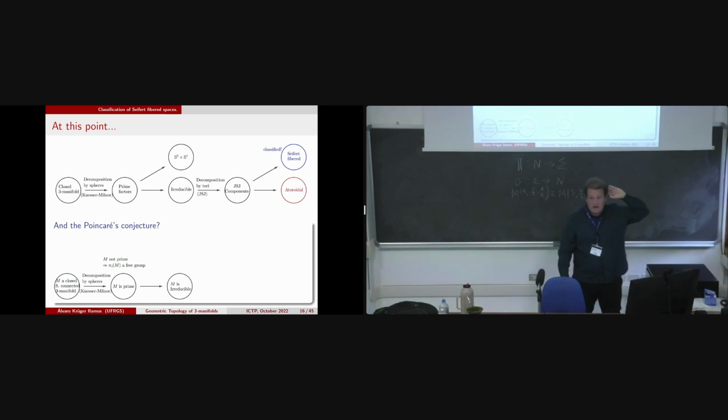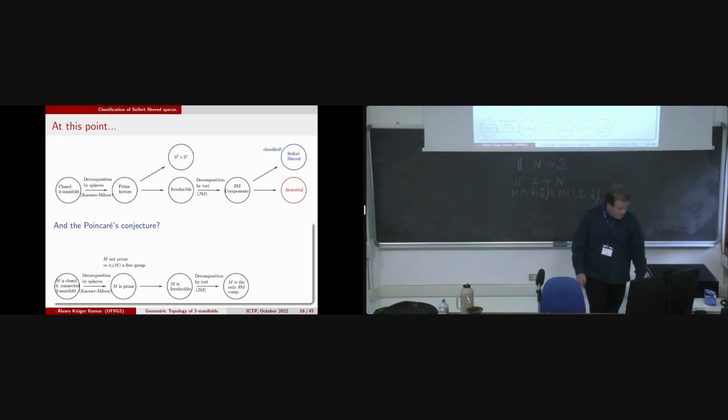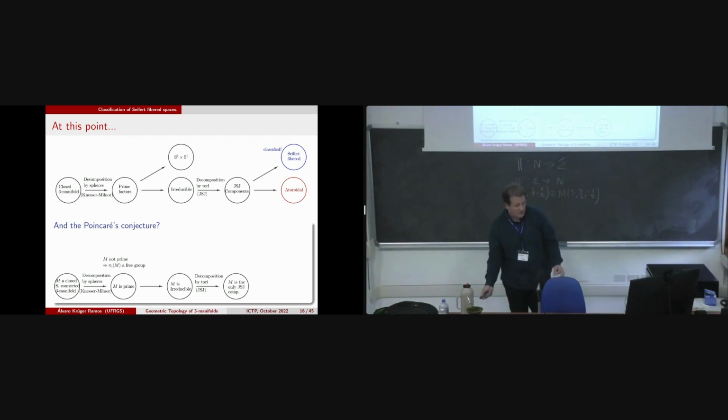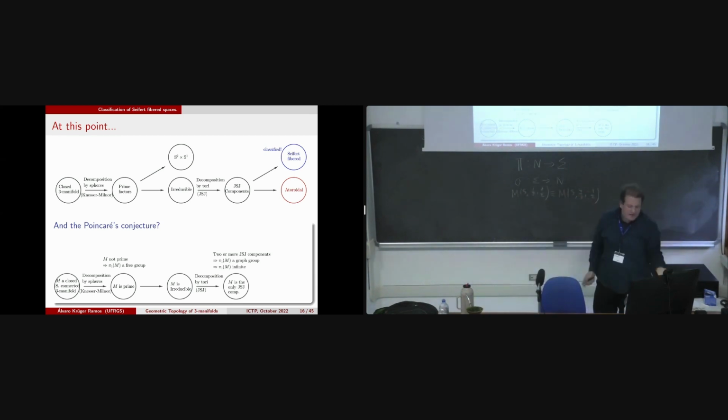M is also irreducible, because the other option would be S2 cross S1, and it's not S2 cross S1. Then you decompose by JSJ components, and no, you cannot decompose again, because otherwise your pi1 would be something called a graph group. It would be infinite.